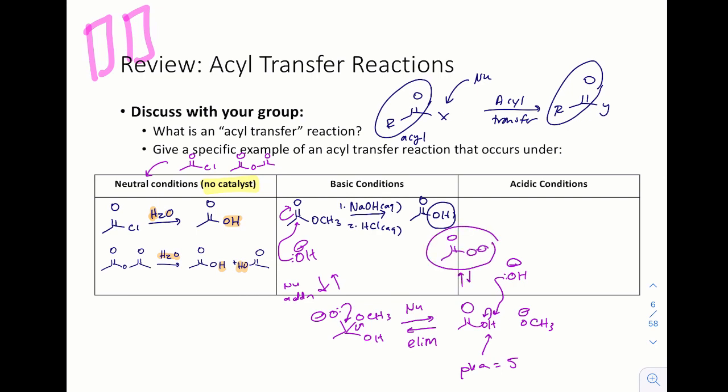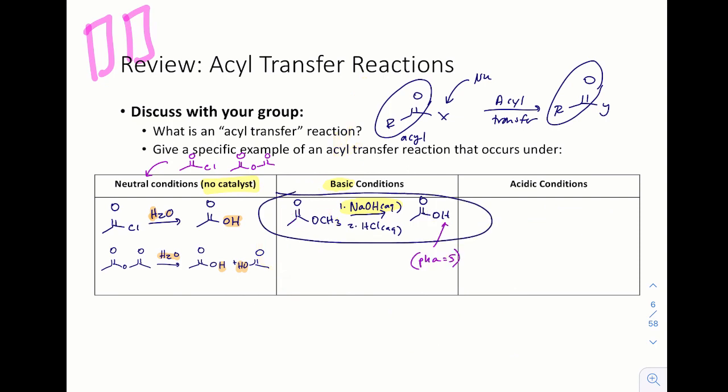That carboxylate must be protonated under acidic conditions to generate the final carboxylic acid product. The bottom line is that basic conditions involve an anionic nucleophile attacking the neutral carboxylic acid derivative.